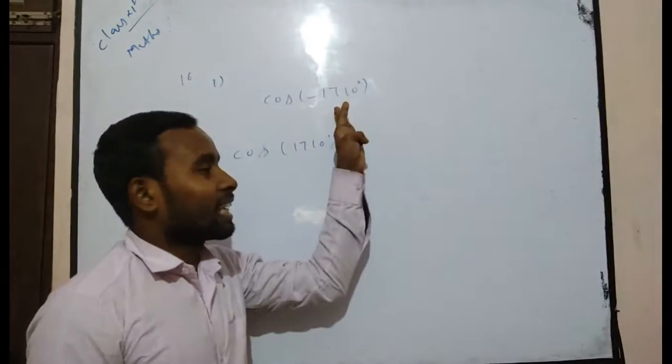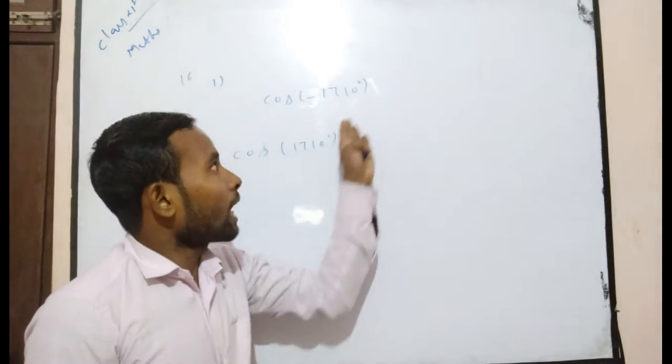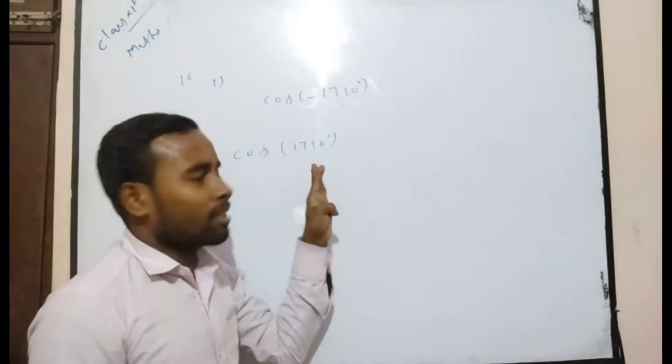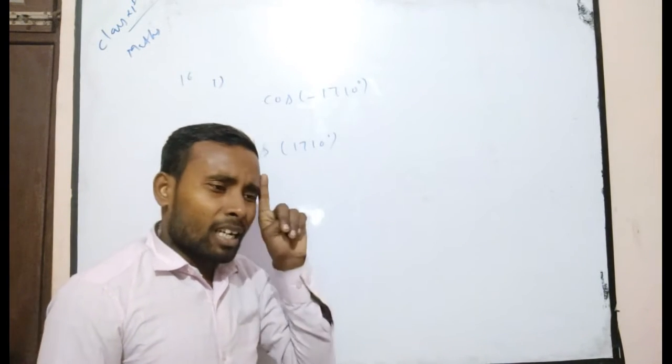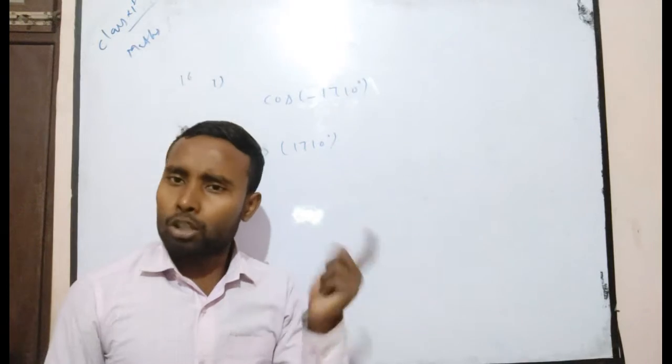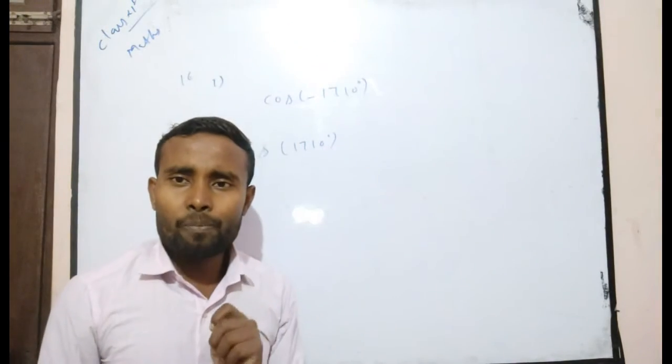We don't consider negative angles, because a negative angle can be converted into a positive angle with the help of this formula. If you convert this angle into positive, there are two possibilities. It may lie between 0 and 360, or it may be greater than 360.